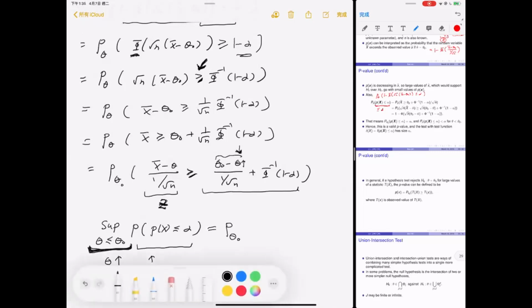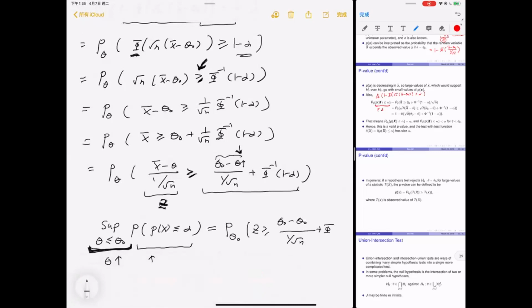So what I should write is z bigger than theta 0 minus theta 0, over root n, plus phi inverse of 1 minus alpha. Okay, good. This guy becomes 0.